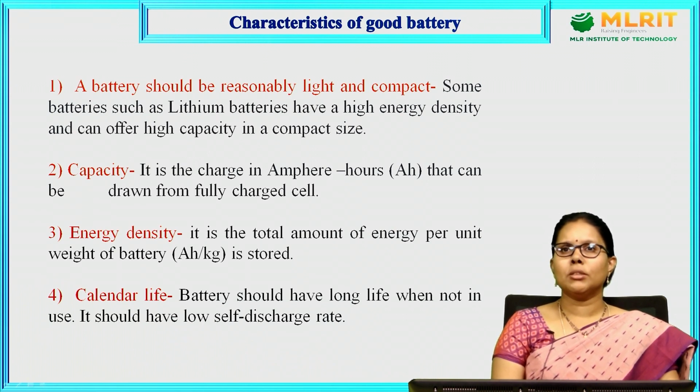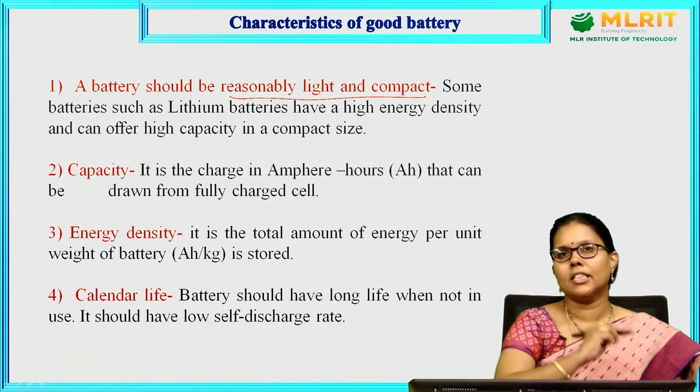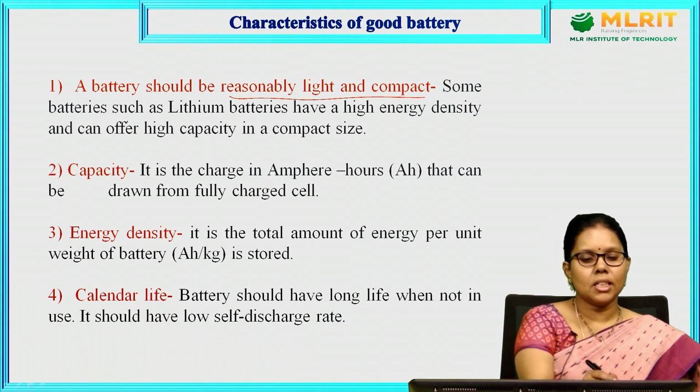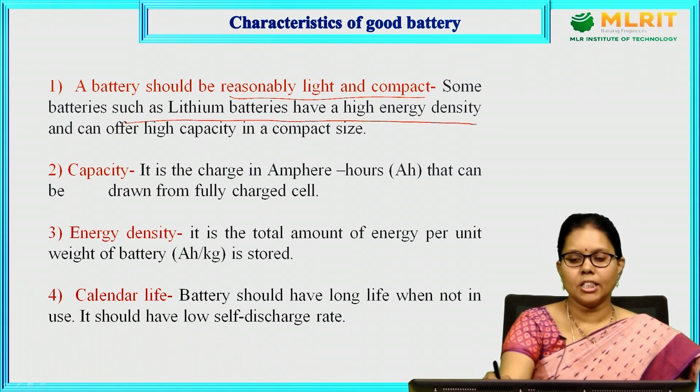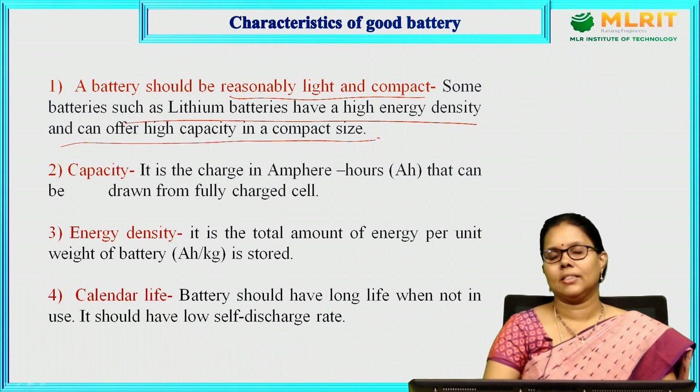Nowadays, we are using many portable devices, portable gadgets. So, we are relying on portable gadgets, and these are the criteria which should be satisfied by a battery. The first criterion is that a battery should be reasonably light and compact. Some batteries, such as lithium batteries, have a high energy density and can offer high capacity in a compact size.